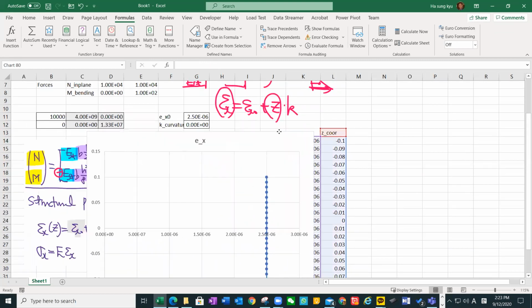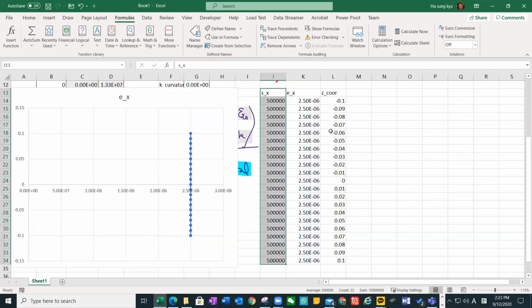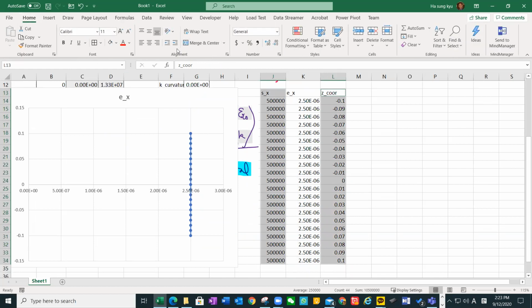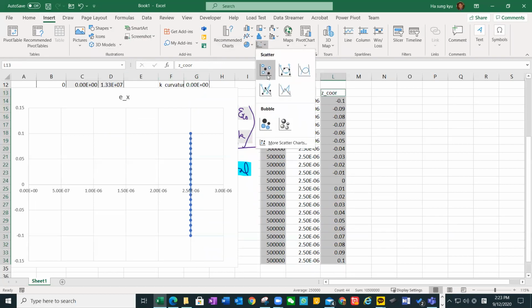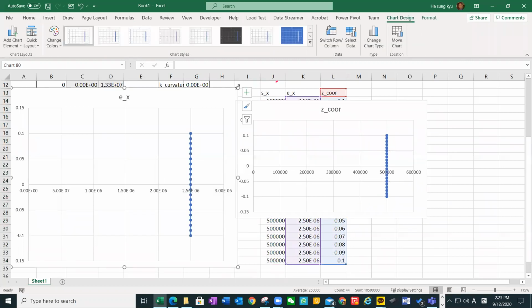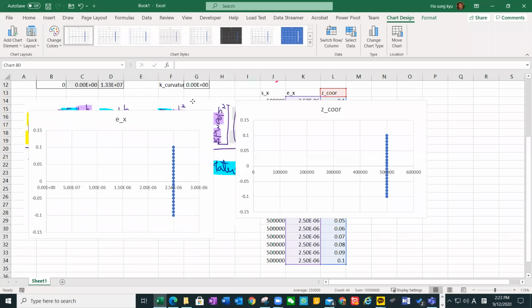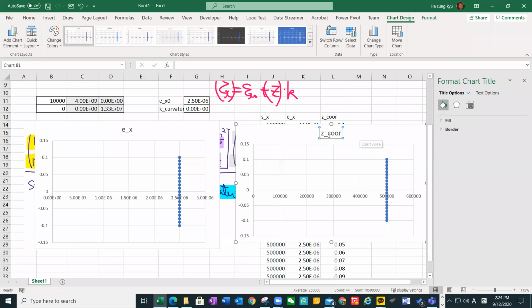And as you can see, let's try to plot stress versus the coordinate. So this is the stress, sigma x.